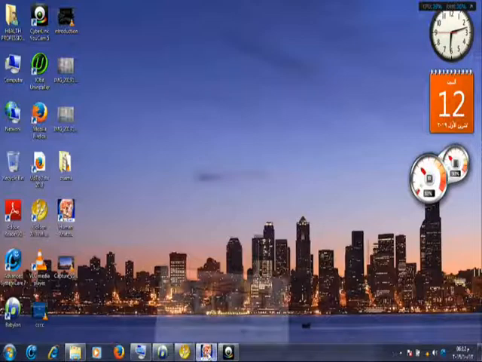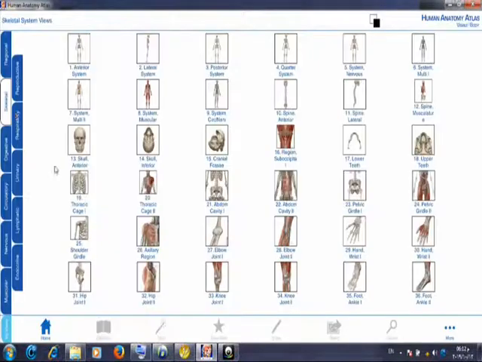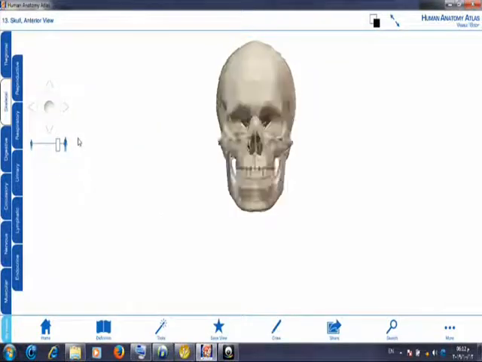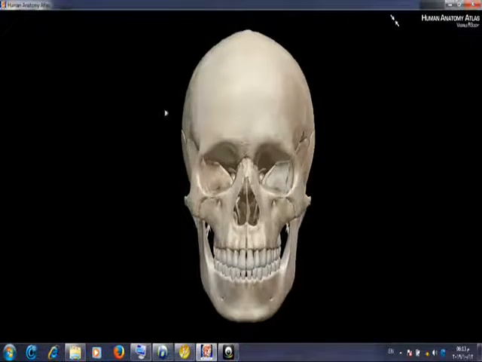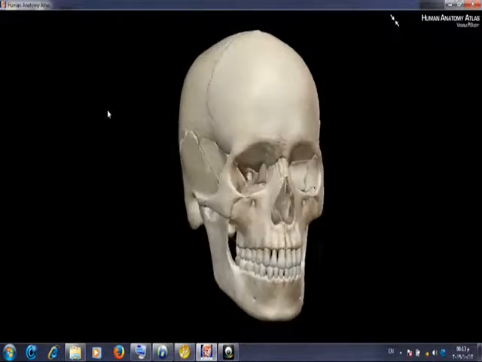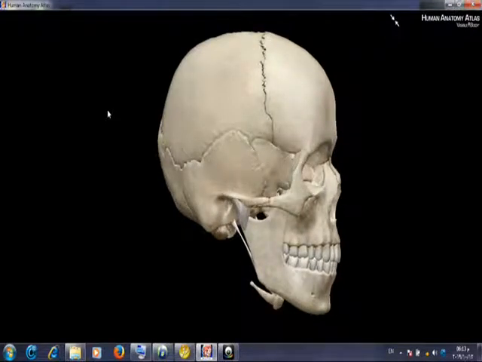So now we will start to explain for all of you about the skull. This is the skull of the human body. This is the side of the skull.